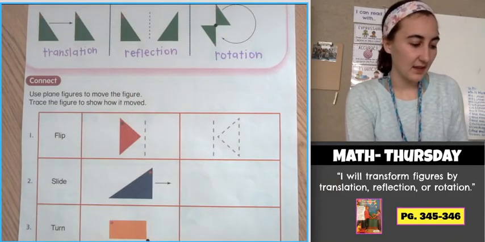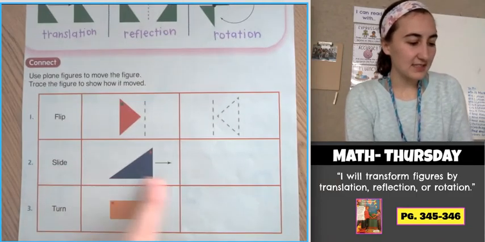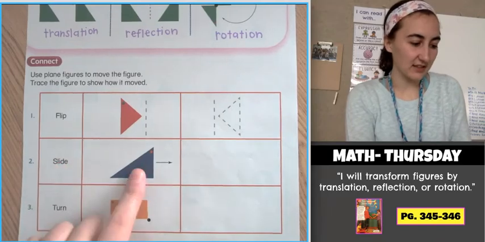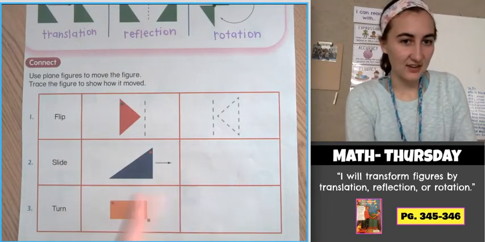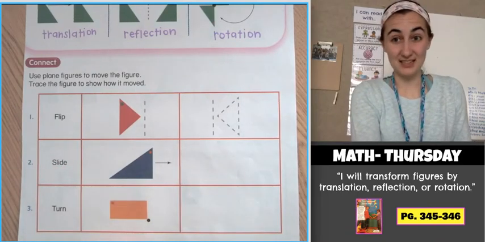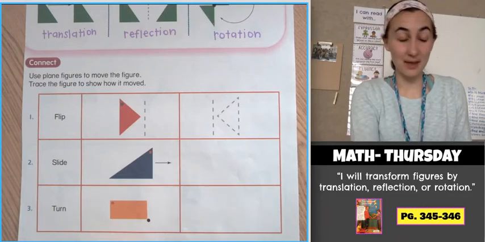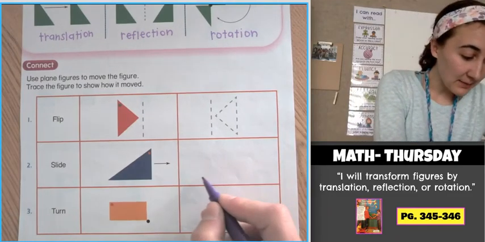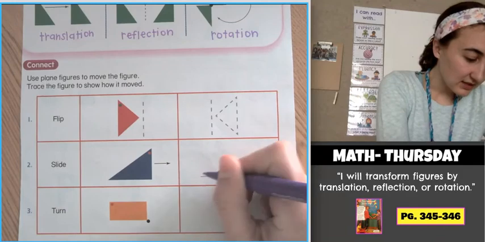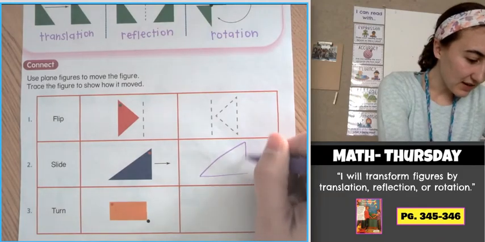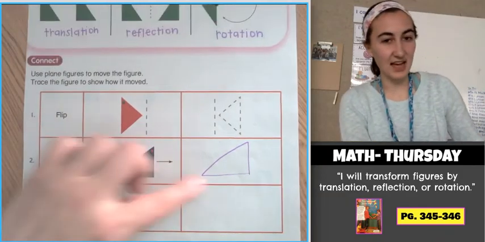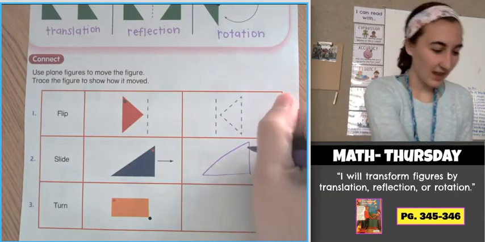Now we're going to slide the triangle. If we slide the triangle this way, it doesn't rotate at all or flip. So all I'm going to do is redraw my triangle. It simply slides across my surface and my dot would still be there.